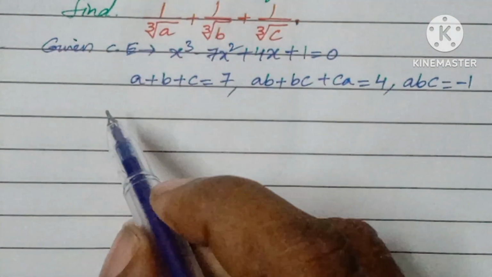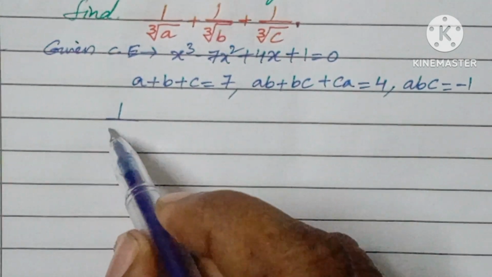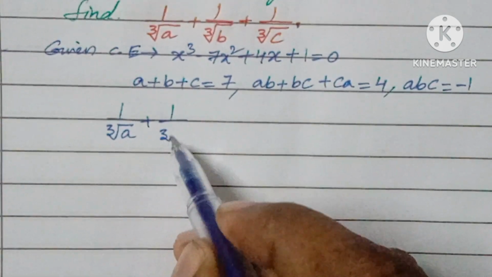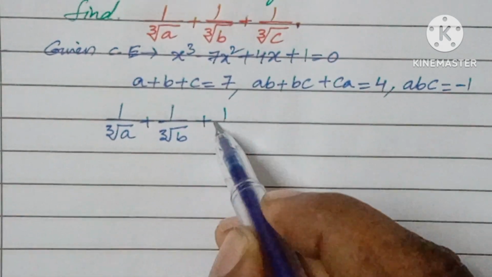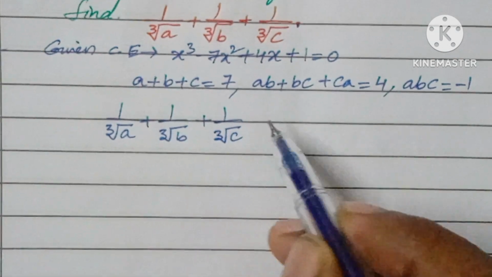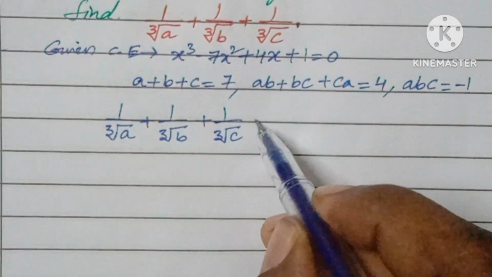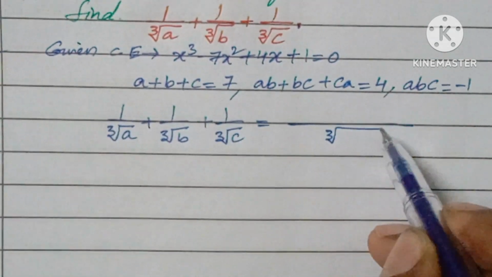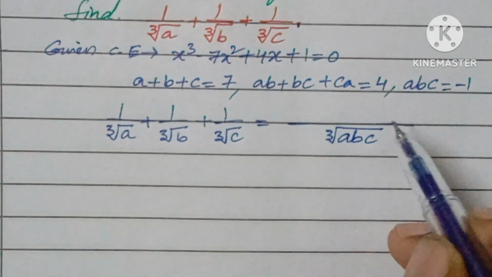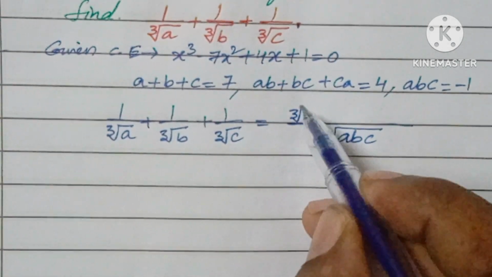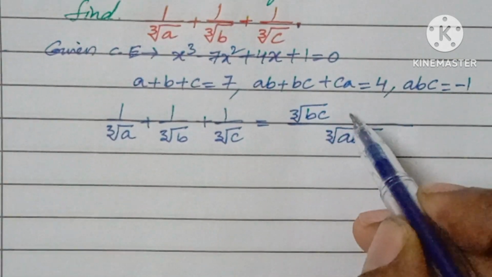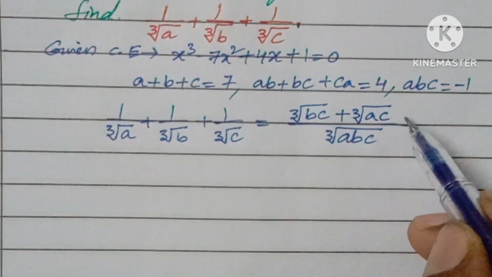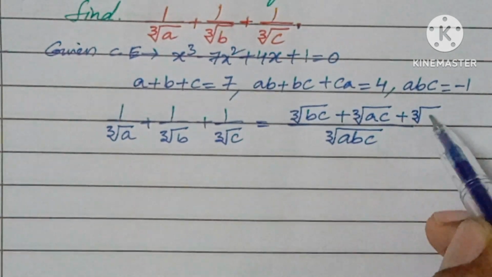Now what is required here? 1 by cube root of A plus 1 by cube root of B plus 1 by cube root of C, you have to find. Now if I take LCM here, I will get cube root of ABC in the denominator. Now here you will get in the numerator cube root of BC plus cube root of AC plus cube root of AB.